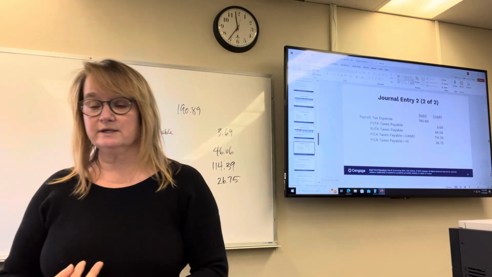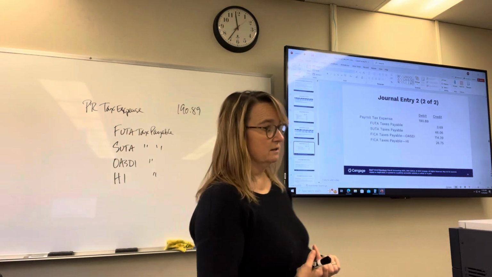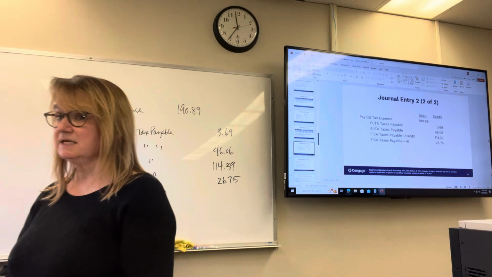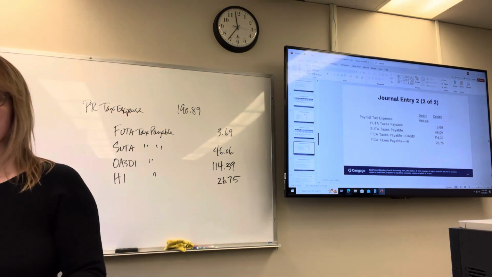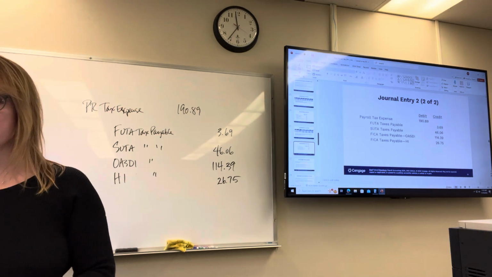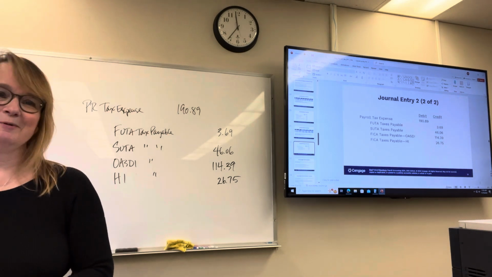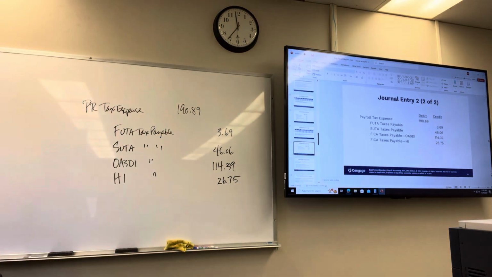You know how to calculate the Social Security and Medicare taxes that are to be withheld. You know which types of benefits are pre-tax, amounts that would reduce their taxable wages. And now you know the journal entries that would need to be made, right? Yeah? You remember all that stuff? It's all in there somewhere.